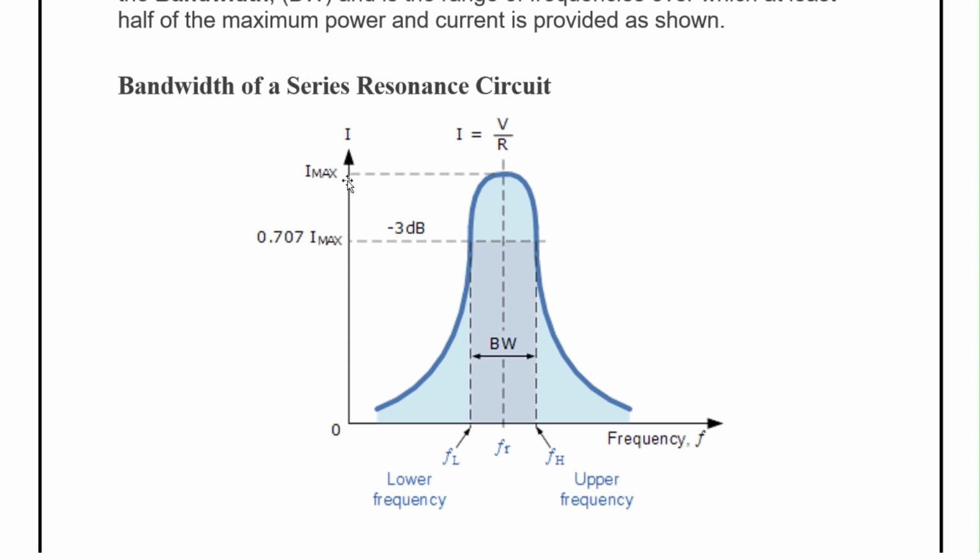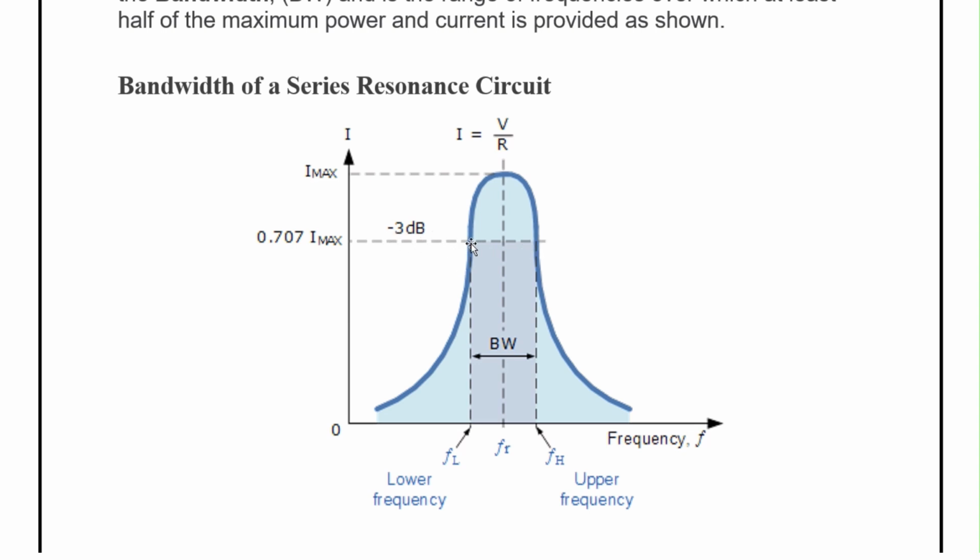0.707. That means whatever maximum current is there at the resonance, if you divide that current by root 2, that gives you the RMS value. And at this value of the maximum current divided by root 2, it is called the minus 3 dB zone.